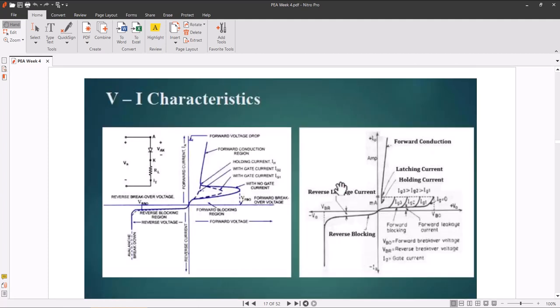So this is the diagram we already discussed, the VI characteristics on the left, and on the right we also discussed it separately earlier, with different gate currents. The greater the gate current, the lesser the anode to cathode voltage needed to turn it on.